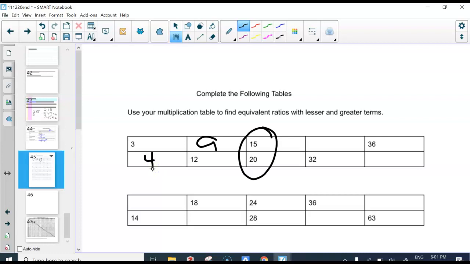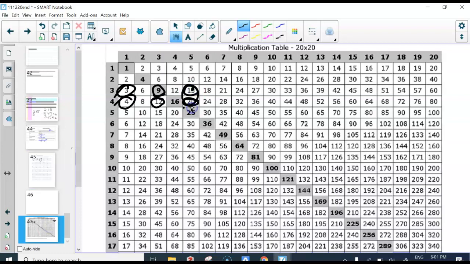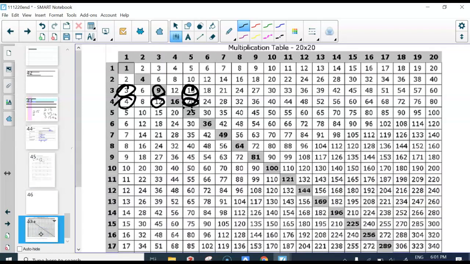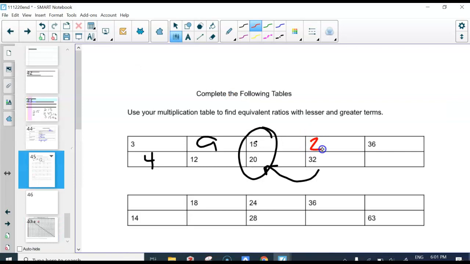Now let's go the other direction. Greater terms. I have 15 to 20, so I'm still using 15 to 20. But now I have 32 in the same row as 20. 32, there it is. So what's the missing number? The missing number is 24. So right here, I'd write 24.